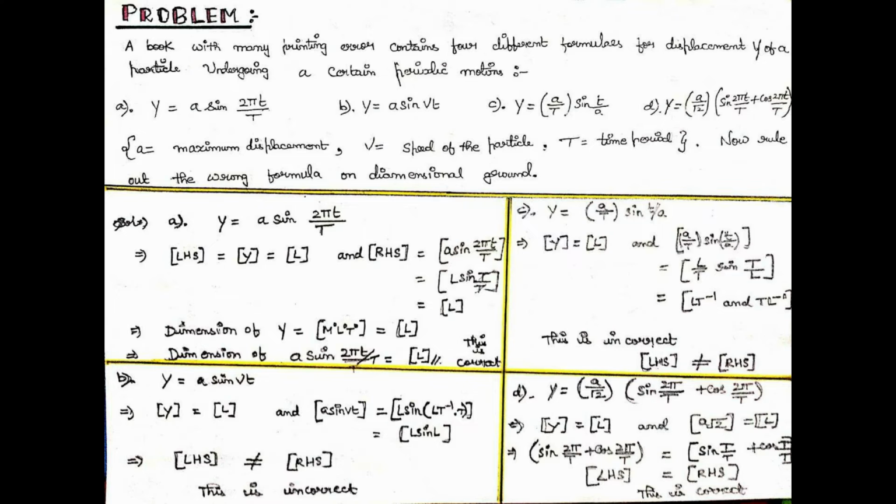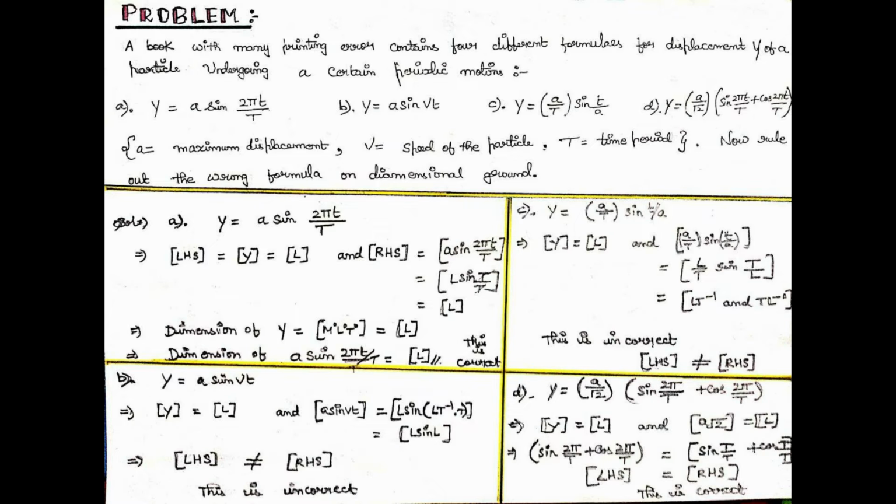So a we can write as L, and 2 pi t by T we can write as T by T. So both T will get cancelled, and the remaining answer is L in square brackets. So if we compare the LHS and the RHS, both are equal. So this is a correct option.